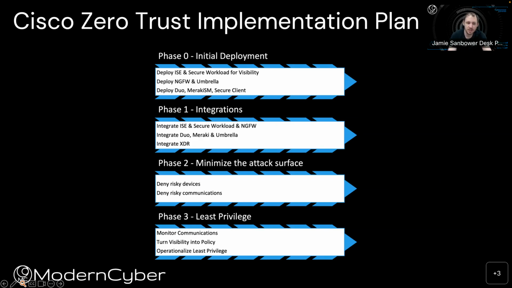Least privilege, you have to understand every flow and create the policies based on what is needed for that organization, device, user, application, etc., communications that are occurring. When I say deny risky communications, what it means is there are some low-hanging fruit that you can attach to that's going to make a huge impact.